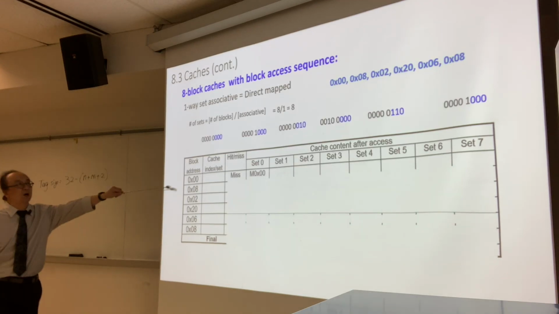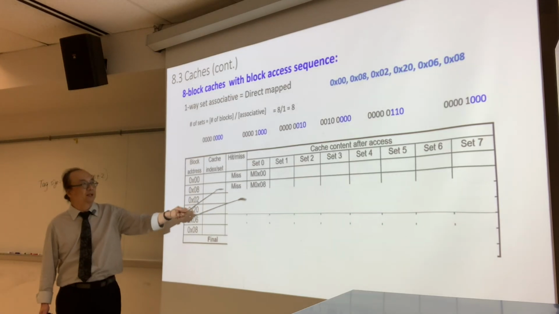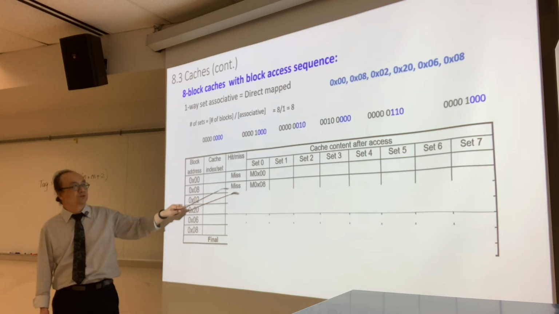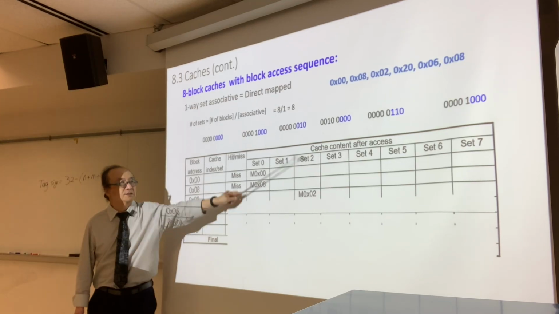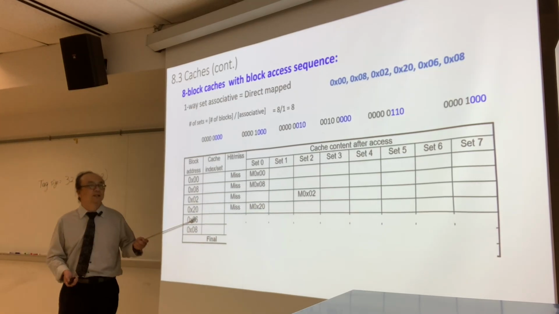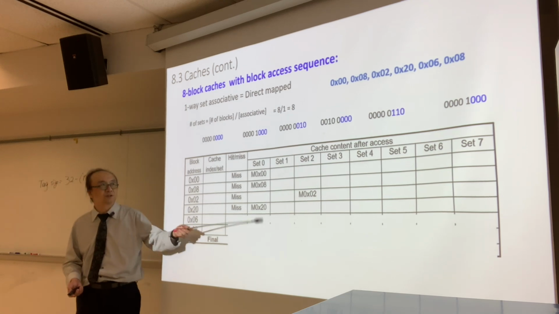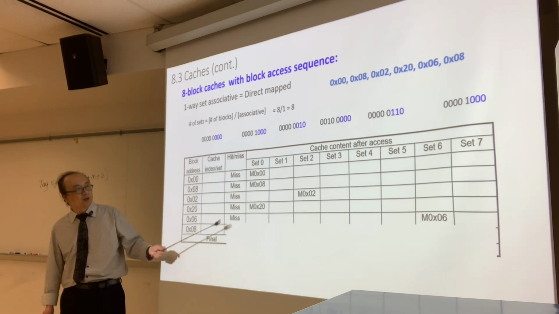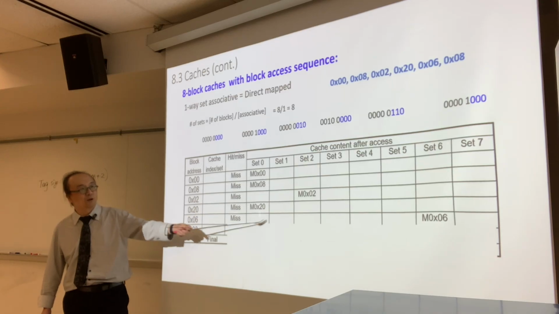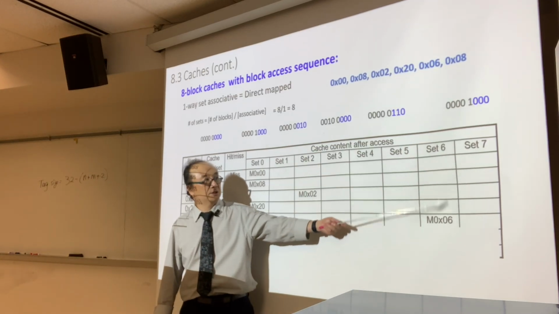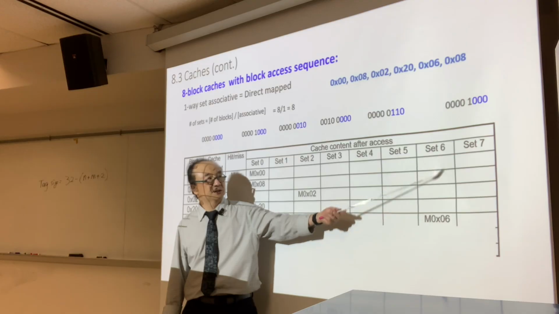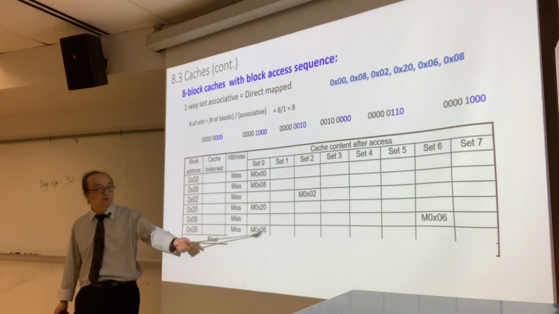And for 0, it is a miss right there. 8 is a miss right there. 2 is set 2. 0x20, this is hex 20, so it's right there because the lower 3 bits are 0. And 6, the lower 3 bits are 6. 8 is going to be 0.